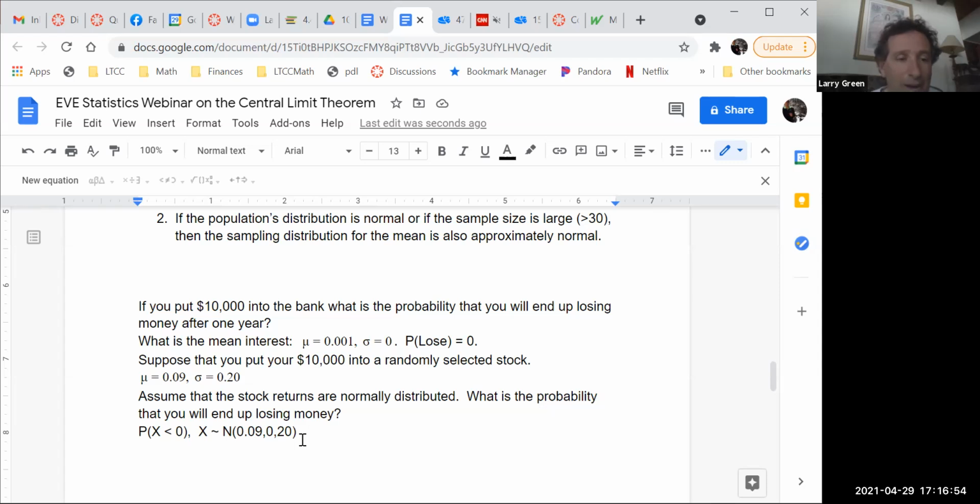Do you know how to find this probability? What do I have to do?